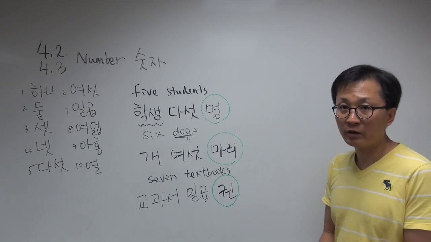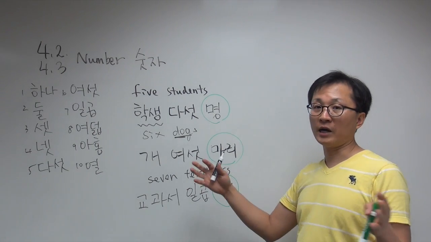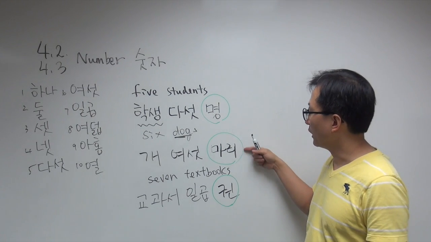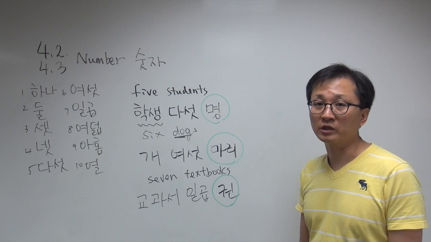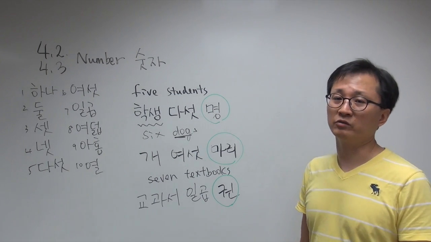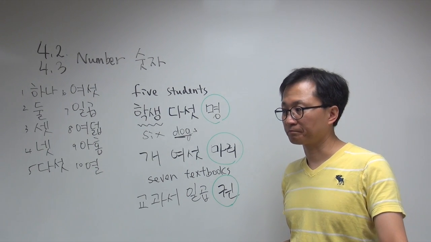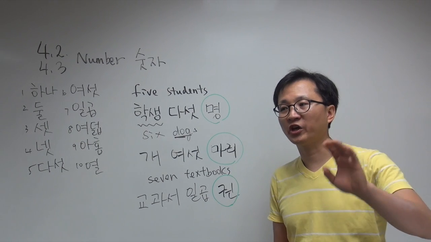Then how many categories do we have? There are numerous things in the world, but people, animal, and books. There are lots of counters in Korean. Even I don't know every counter. But there is just a general counter, like desks and chairs.